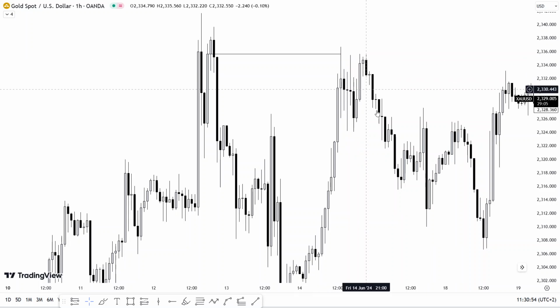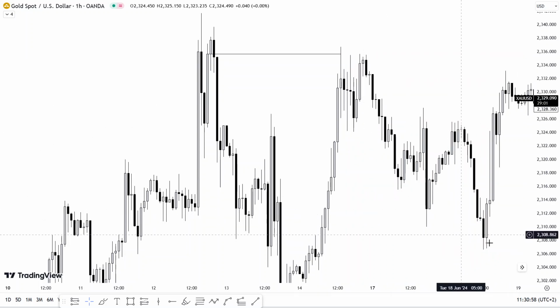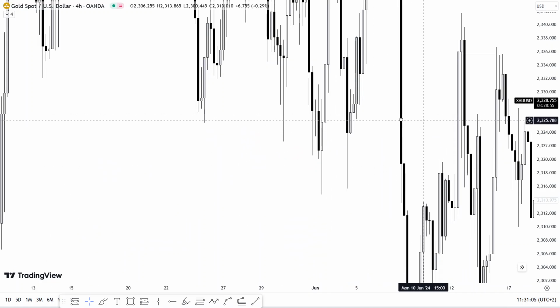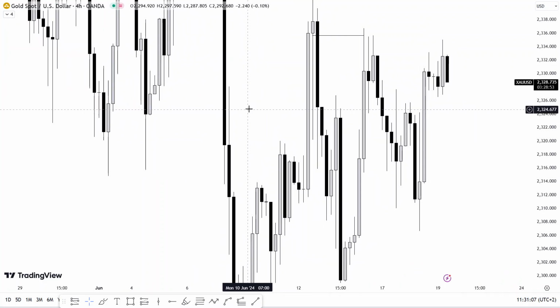So this is the resistance which held price lower, right? So when I went to the 4 hour this morning, or last night actually, I looked for possible areas which I can sell from.